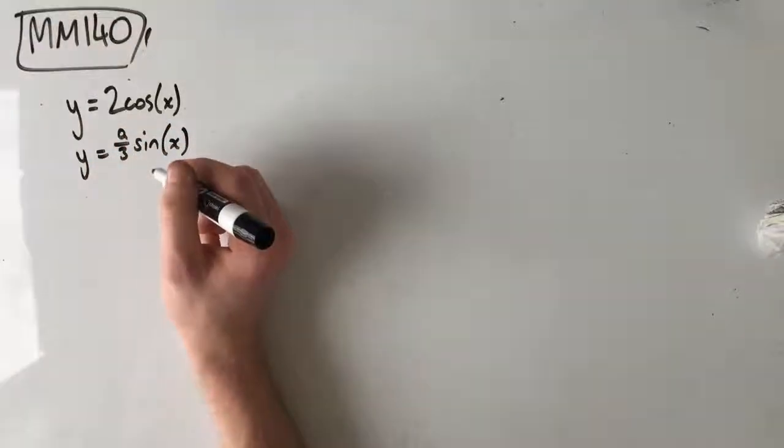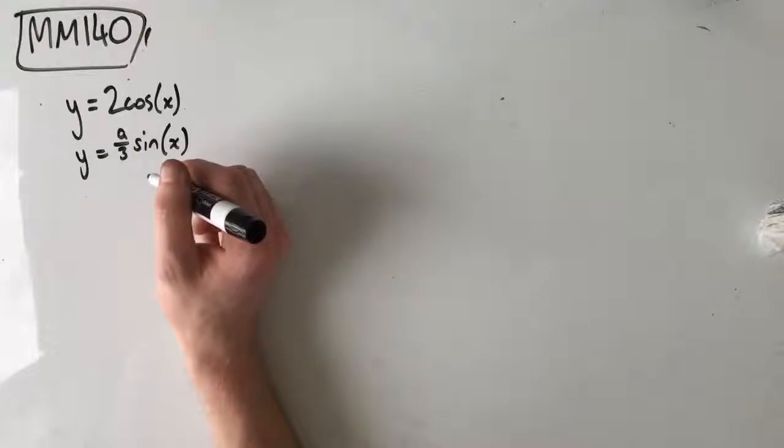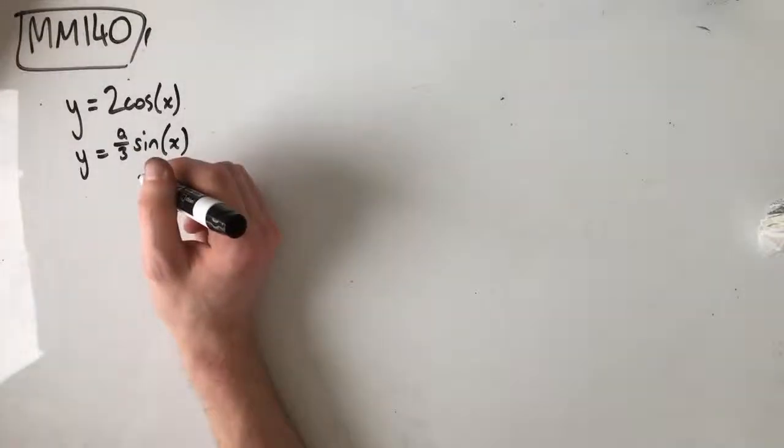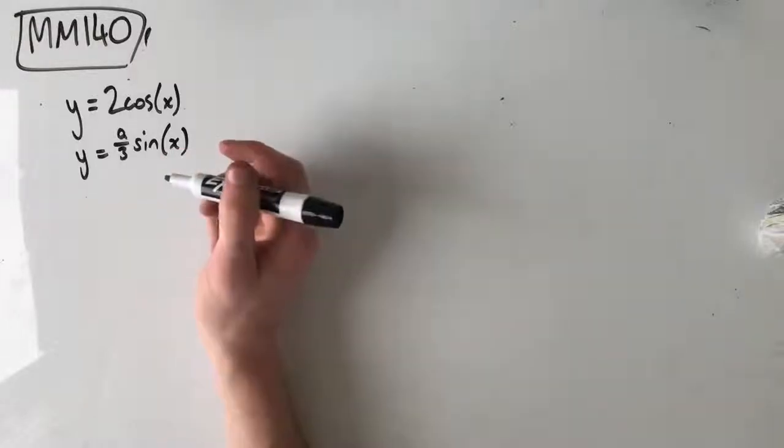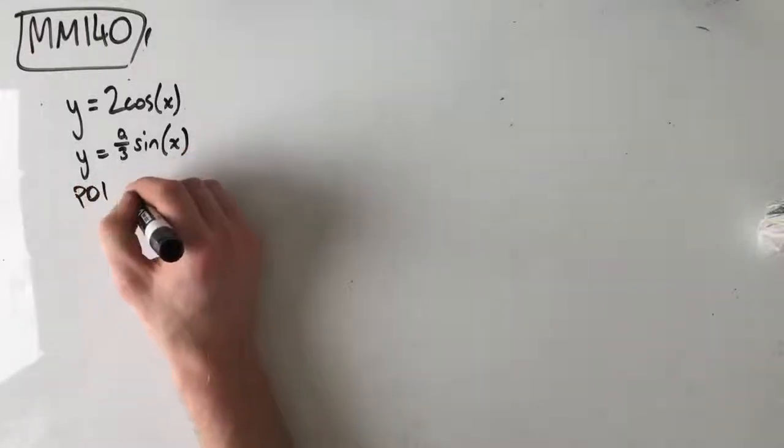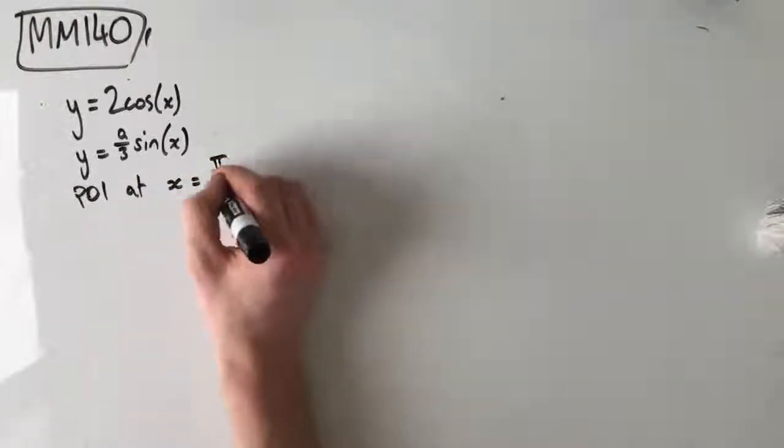Awesome. Our question states if x is between 0 and 3 pi on 2, find the coordinates of the 2 points of intersection between these graphs. First of all, we know that the first point of intersection happens at x equals pi on 6 because it tells us that in the question.